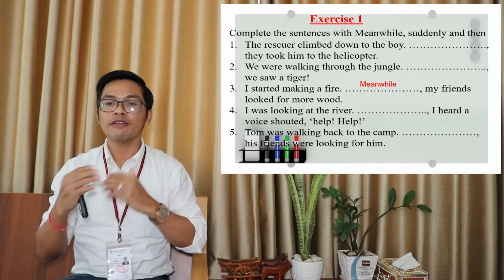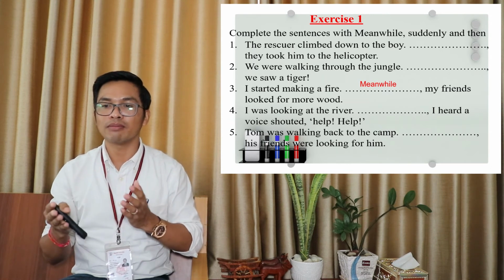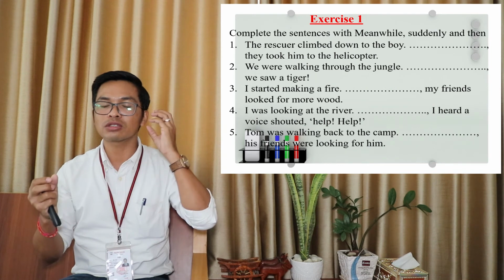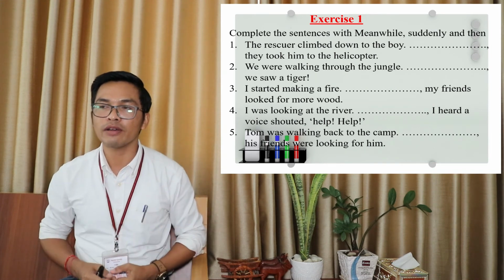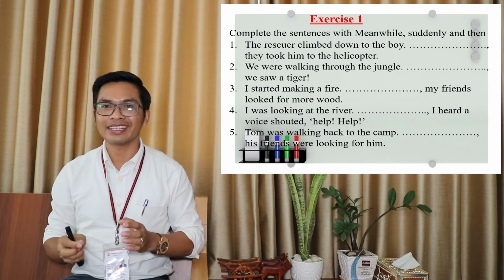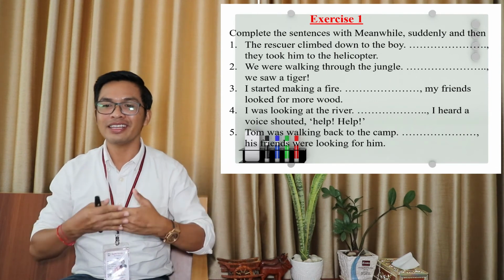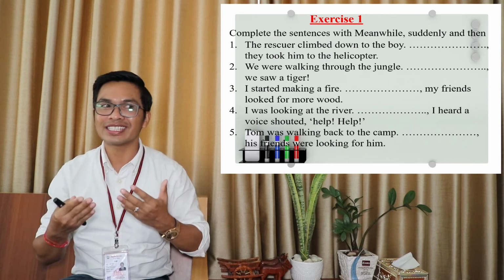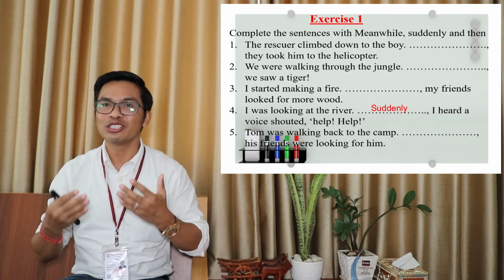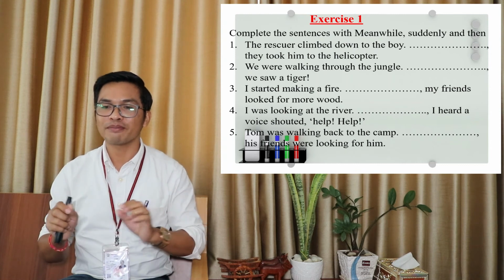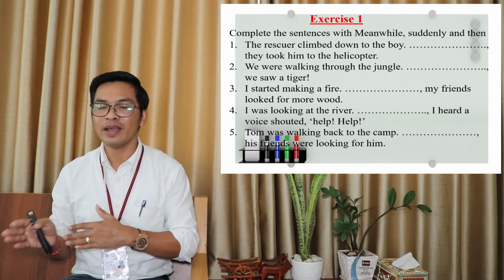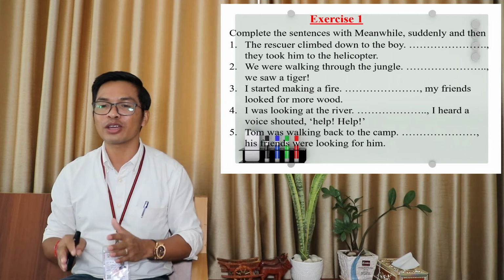And number 4: I was looking at the river, blah blah blah, I heard a voice. You see, when you were sitting and then you heard a noise, that means you should use suddenly. Suddenly you heard a noise. Number 5: Tom was walking back to the camp, blah blah blah, his friend was looking for him.